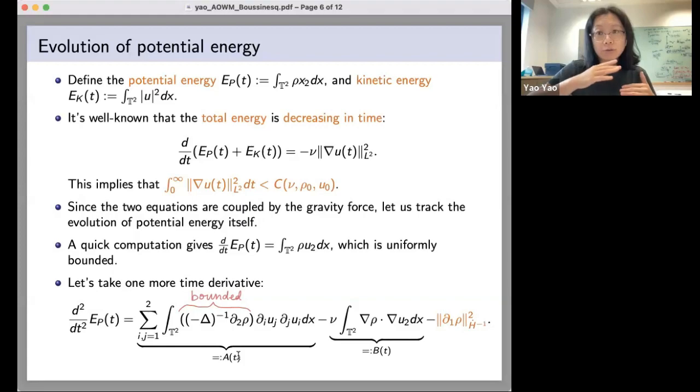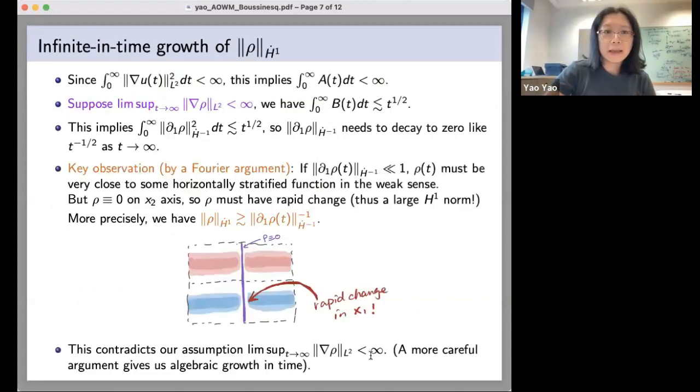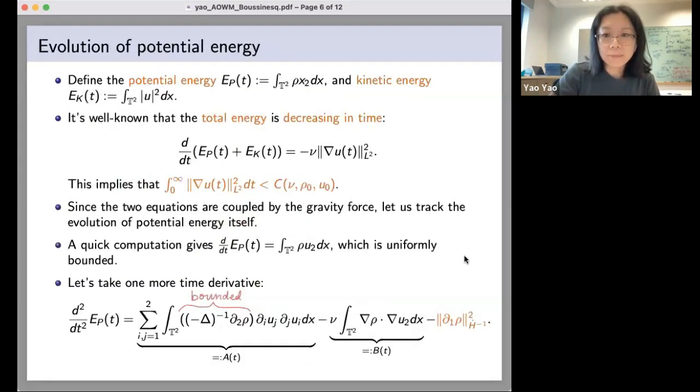Okay, so now our strategy is that we want to integrate this equation from time 0 to time infinity. And then if this lim sup does not grow, we want to get a contradiction. The key contradiction is going to happen in the time integral of this last term, which I colored in orange.